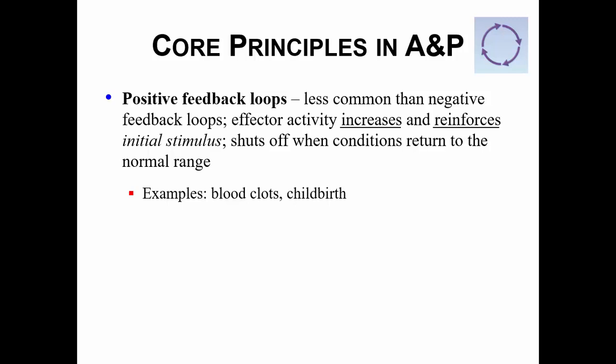When a woman goes into labor, her contractions are not very strong to start with. She may even question, is this real labor? But by the time that baby comes, if she's not having pain medicines and epidurals and so forth, she's not going to question it anymore because they're much stronger contractions because we're trying to push that baby out and let it be born. So the positive feedback loop increases the strength of the contractions.